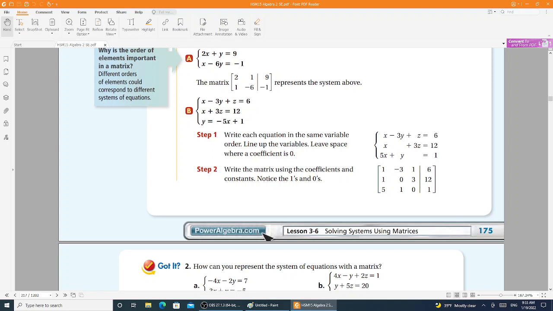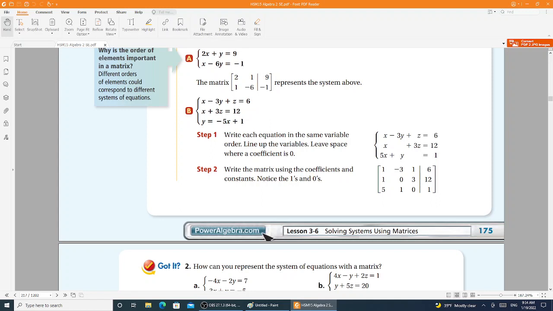The first row is 1, negative 3, 1, and the second row is 1, 0, 3, because the coefficient of y in the second equation is 0. There is no y in the second equation, so the coefficient of y here is 0. The coefficient of z is 3, and the constant is 12.